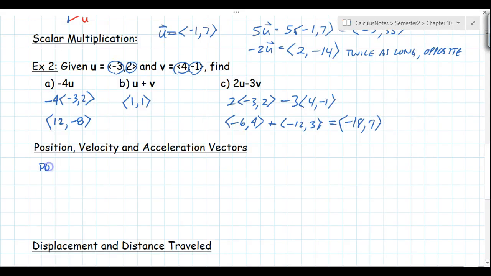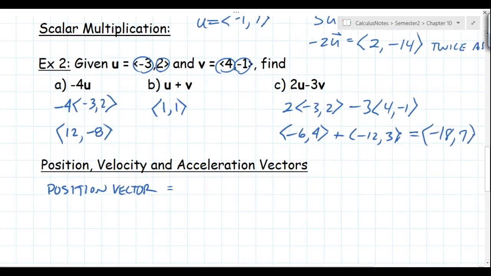So a position vector tells us the location of an object, and in our text and in many textbooks, they use the vector r for the position vector, and so we can break that into separate components, r sub x of t and r sub y of t. So that can be modeled on your graphing calculator in parametric mode because you have x and y defined independently.